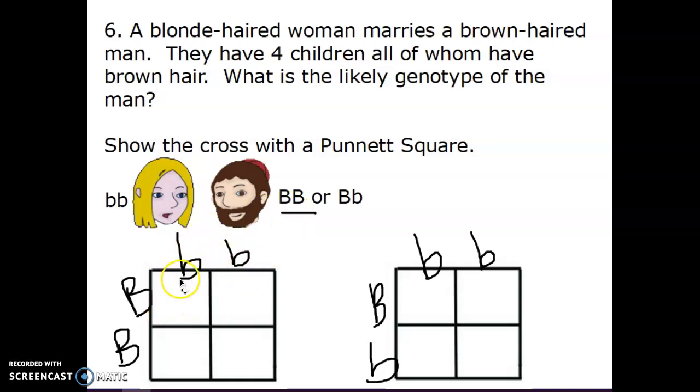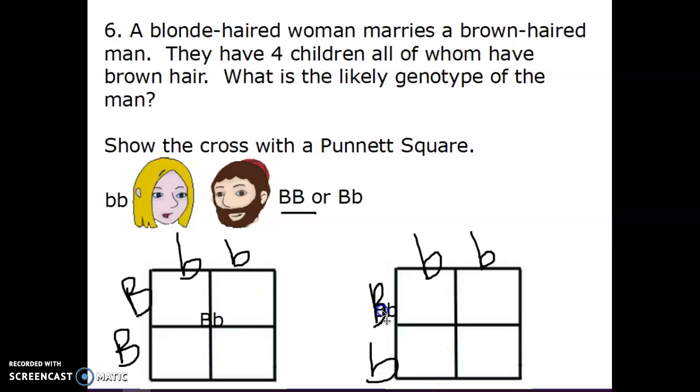So all of these, if the only thing the mom can contribute is a little b, and the only thing the dad can contribute is a big B, that means every single one of these are going to be heterozygous. Okay, so I'm going to leave that like that instead of dragging all 4 of them in there. All right, now this one, on the other hand, the only thing the mom can contribute is the little b, so all of these are going to have little b's in them.